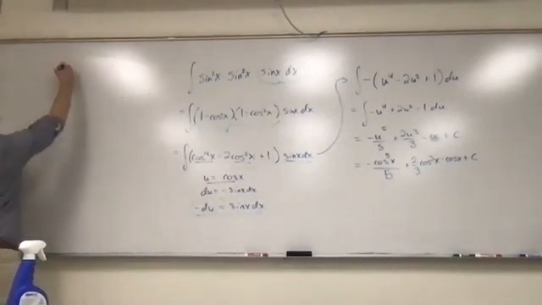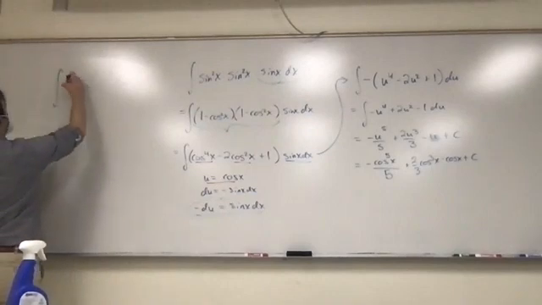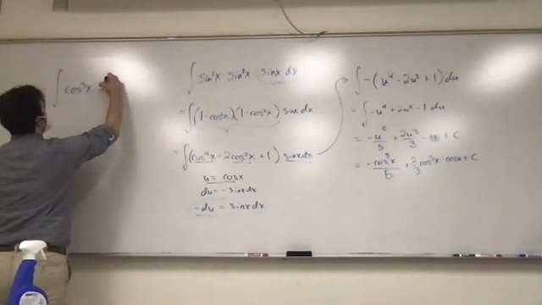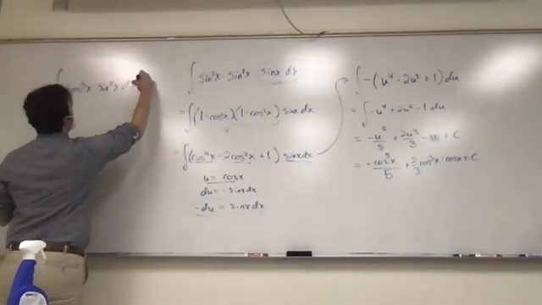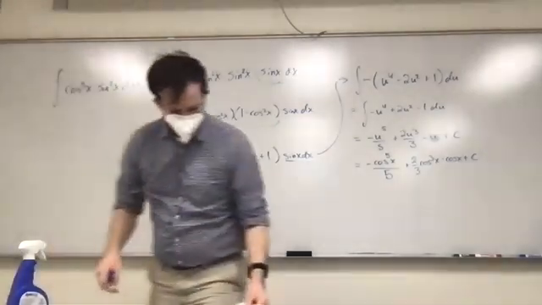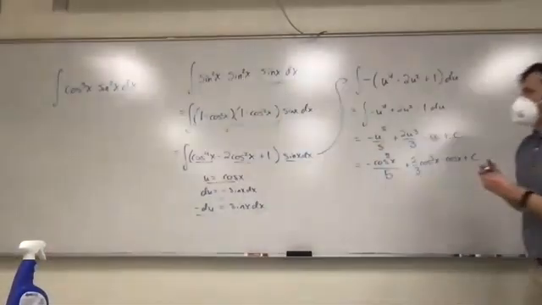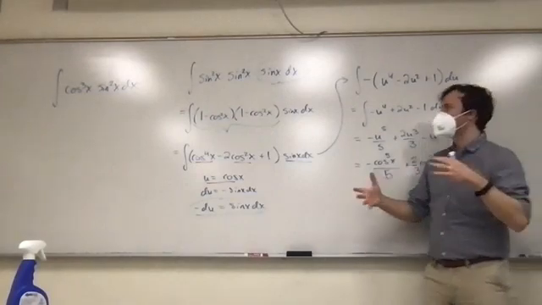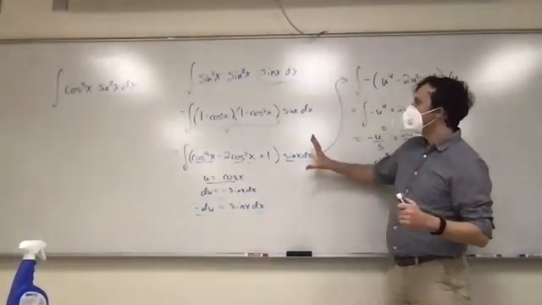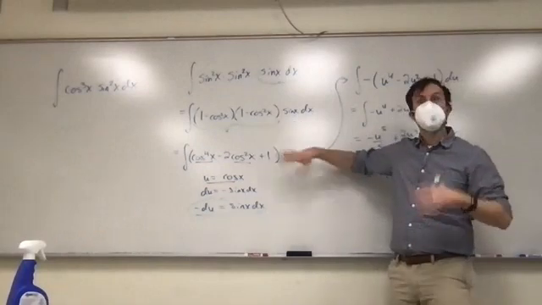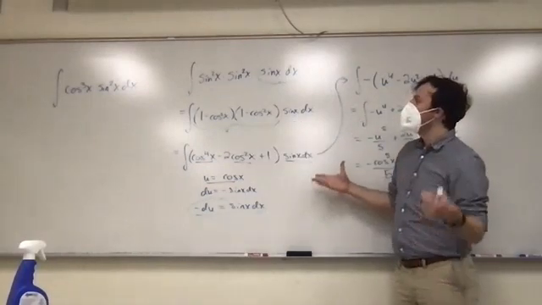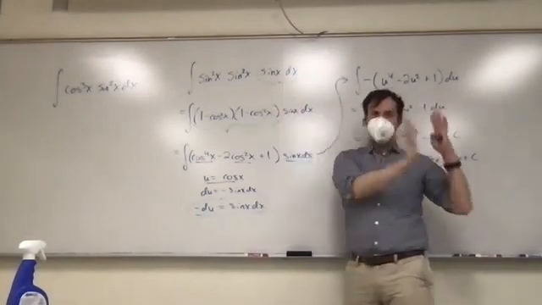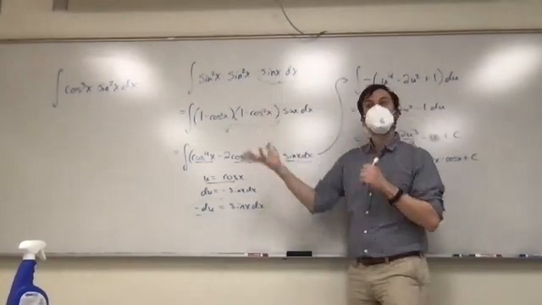So what about this? Let's integrate cosine cubed x times sine squared x dx. So now we have our mix of sines and cosines, which means really generally it'll have a lot in common with this. We're going to try to do a u substitution, but we need one thing to be u set aside, and then everything else has to be the other trig function.